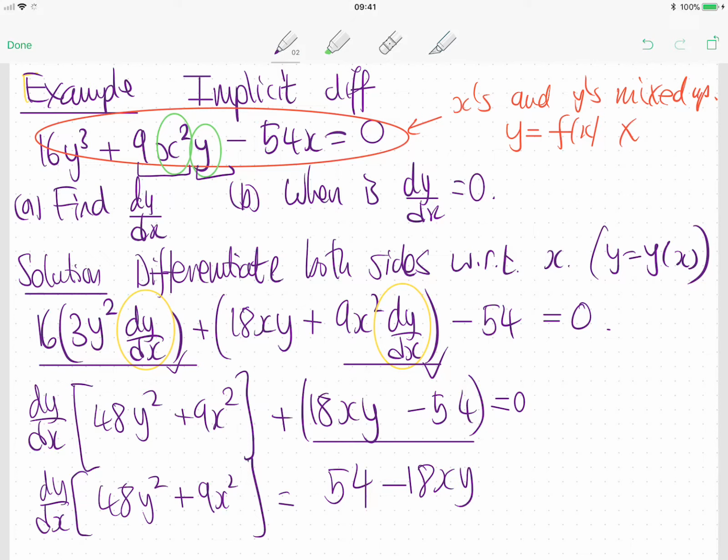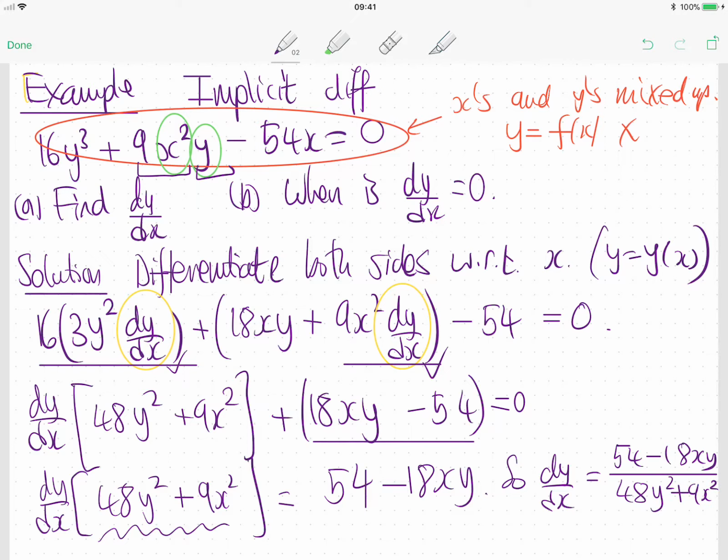And finally, divide both sides of the equation by 48y squared plus 9x squared. So we get dy dx is 54 take away 18xy, all divided by 48y squared plus 9x squared.